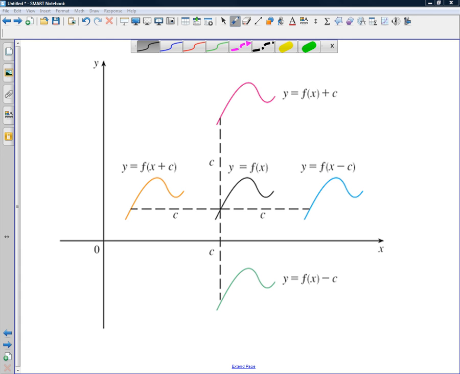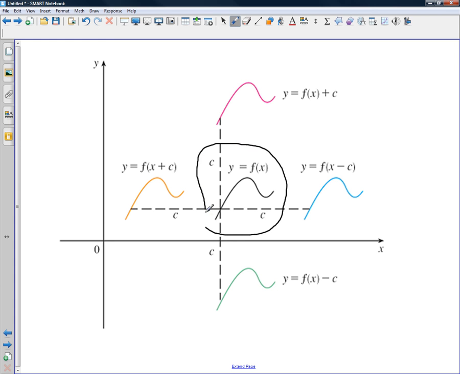I've copied this diagram directly from page 37 in the textbook, and in the very center in black is this function labeled f of x. And we've chosen a rather arbitrary point in the diagram. And we've talked about what happens if we take this function and move it up, down, left, or right.